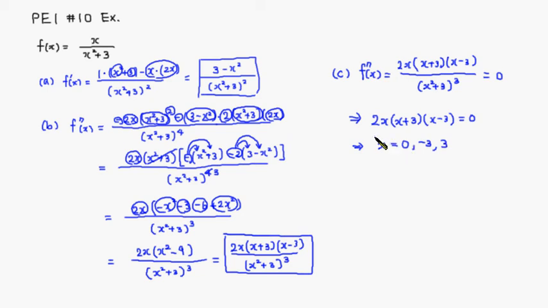So those are the x values that will make the second derivative equal to 0. That's it. I hope that this was clear.